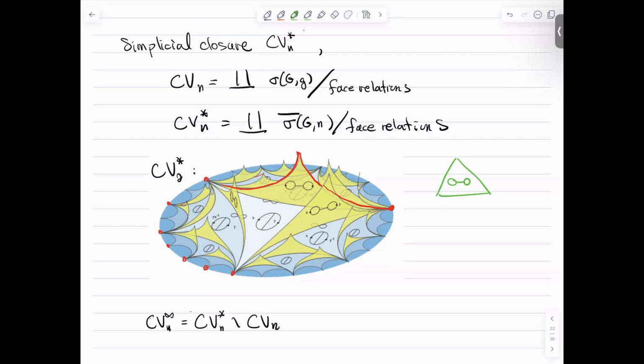Because if I collapse the middle edge, I get a perfectly good graph, but if I collapse any of the other edges, any pair of edges, I kill some fundamental group. I can't do that. So that red part is not in CVn, but it is in CVn star.